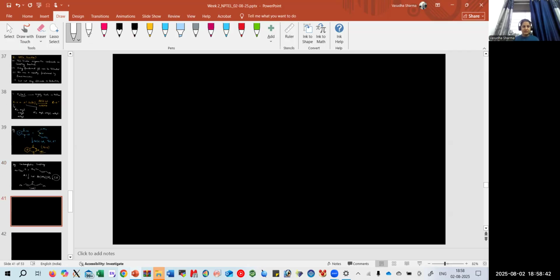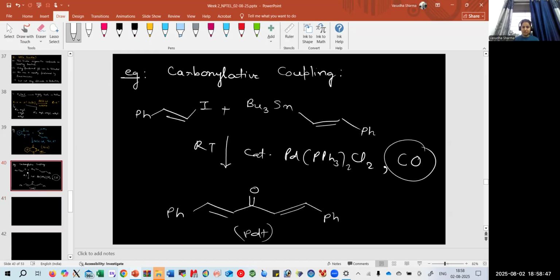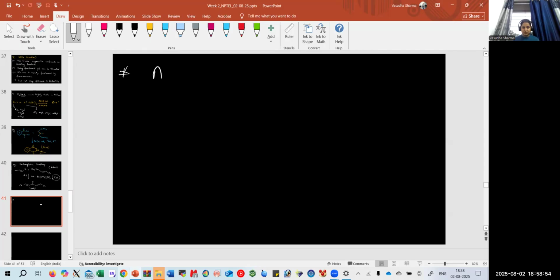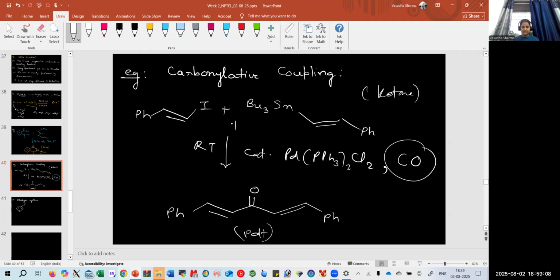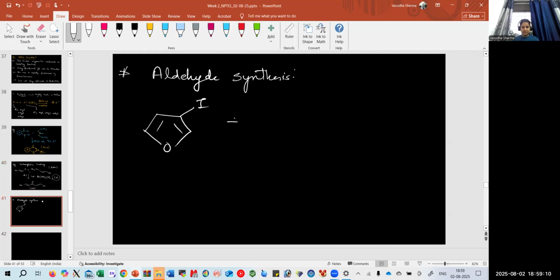Also, now if you want to synthesize an aldehyde, ketone is okay. Ketone, we know that it can form, but it can also form an aldehyde. So aldehyde synthesis is also possible if we use a hydride as a reagent. So we have this furan and we have H. Now instead of any R group, there is hydride.